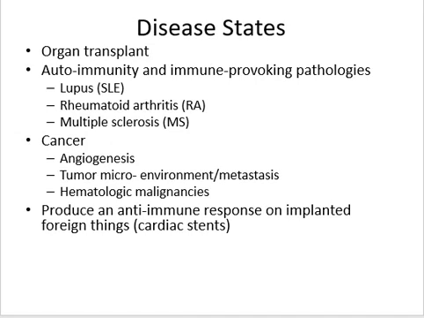Okay, so solid organ transplant is the most obvious. You'd want intense systemic immunosuppression to prevent graft versus host disease. Pathologies that have an autoimmunity or an immune-provoking component, which is actually a lot of them, lupus, rheumatoid arthritis, multiple sclerosis, and then there's obviously a few more.